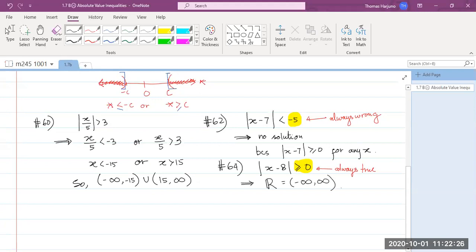So for number 62 and 64, I'm actually dealing with the type of questions that were not in my earlier explanation. But let me explain that a bit further. Suppose I change number 62 to the absolute value of x minus 7 greater than negative 5. What will your solution be? Is it always true or always wrong?